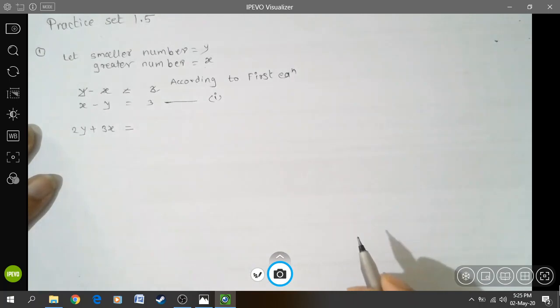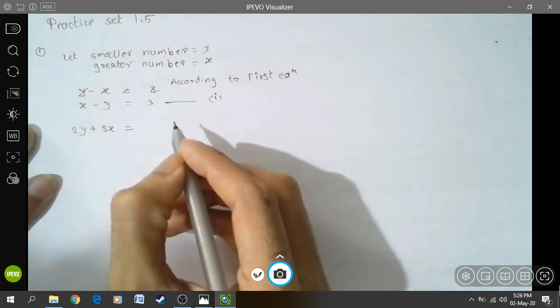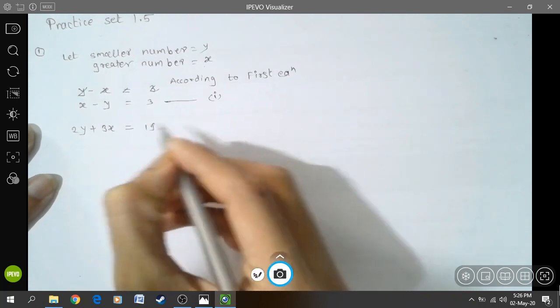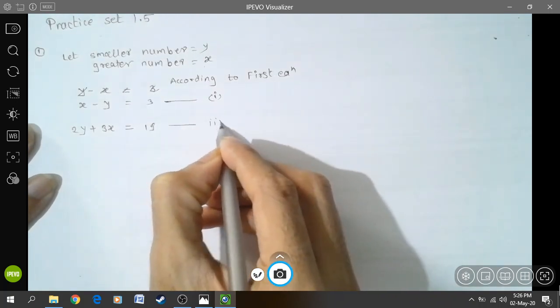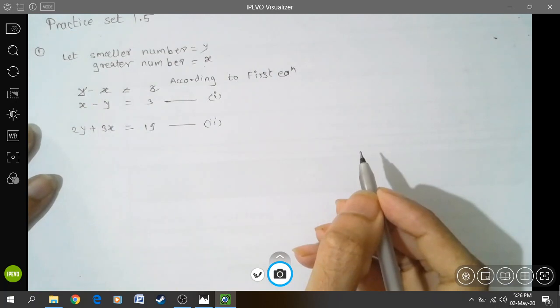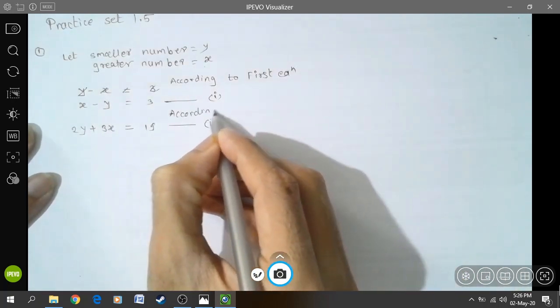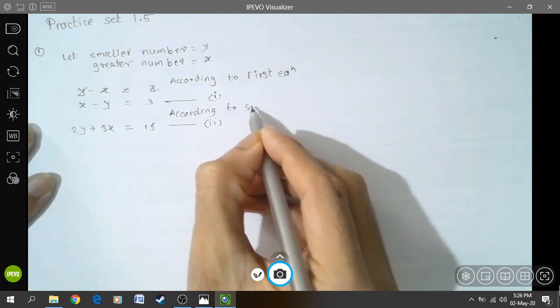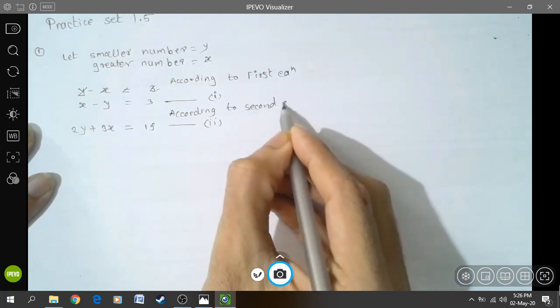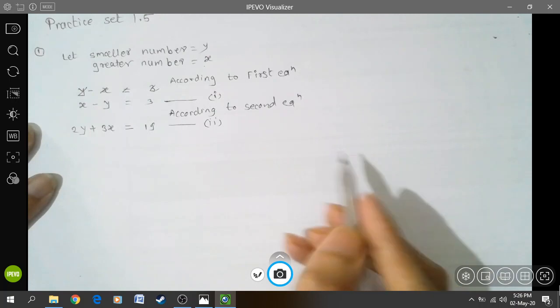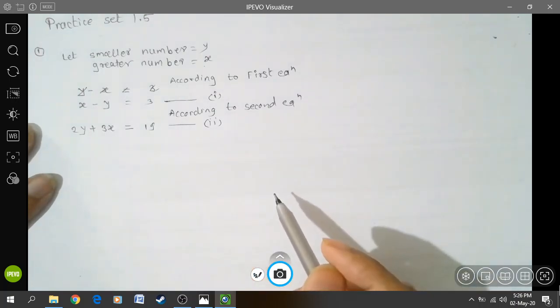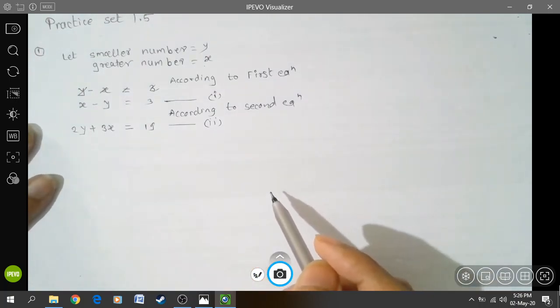Sum is the operation between them: 2y plus 3x. And what is the sum? Which is 19. So according to the second condition, we got our second equation.